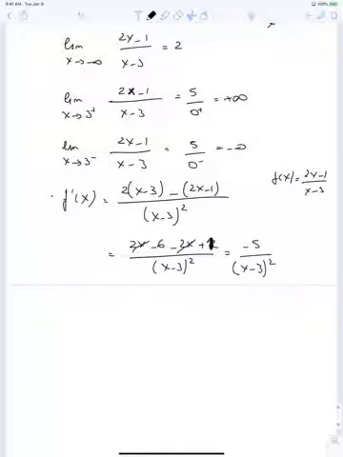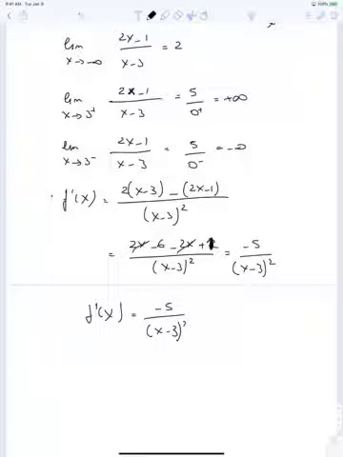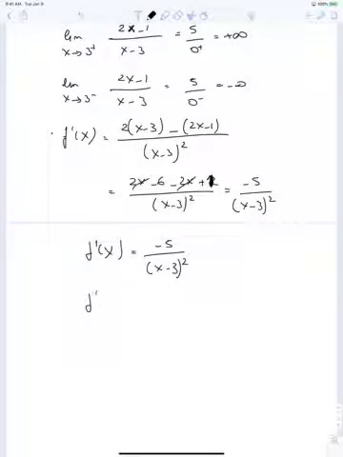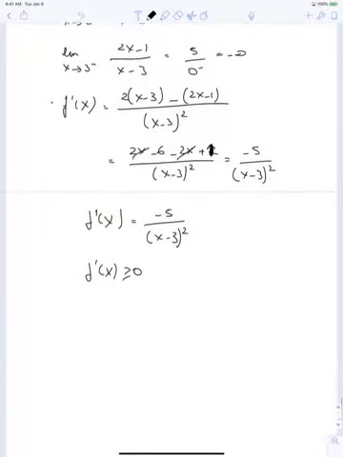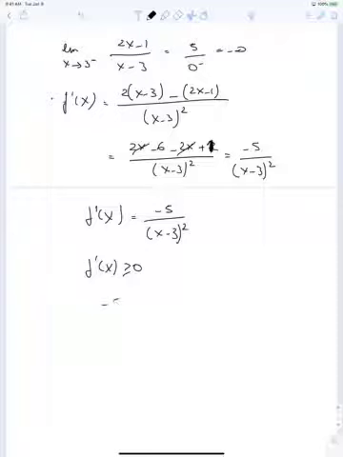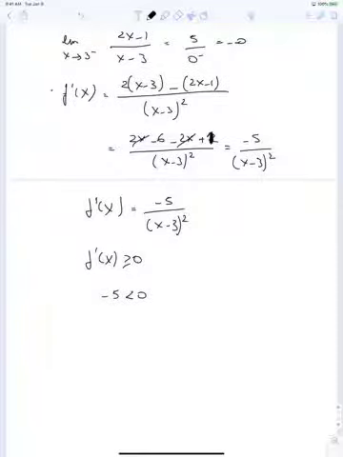Now this is interesting because f prime of x is equal to minus 5 divided by x minus 3 squared. And we want to study where the derivative is actually greater than or equal to 0. Now, minus 5 is always less than 0, so the numerator is always negative. And then x minus 3, no matter which x we're dealing with, squared is always positive.